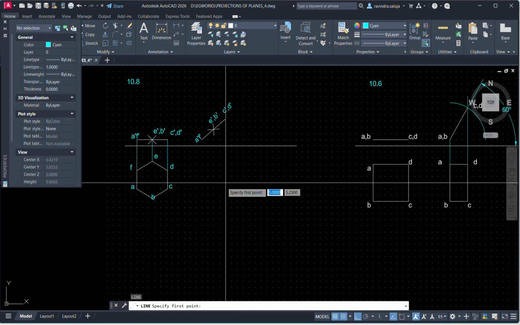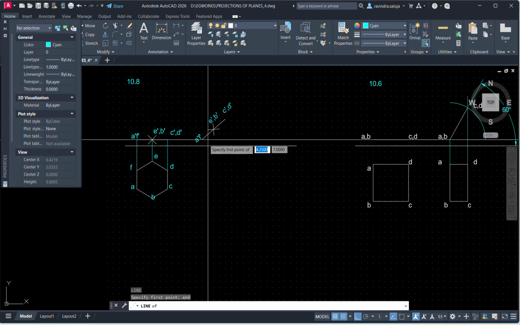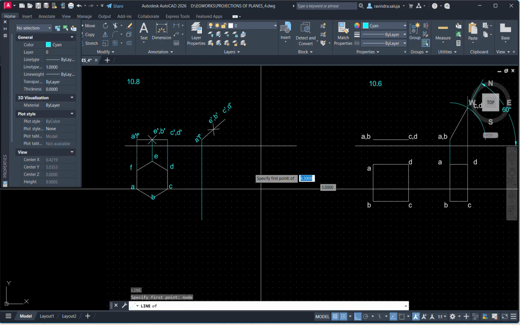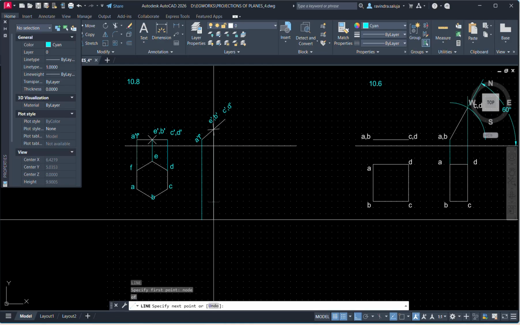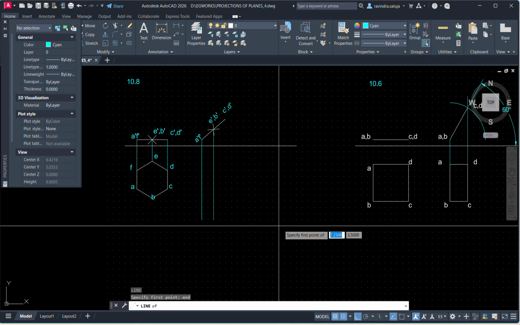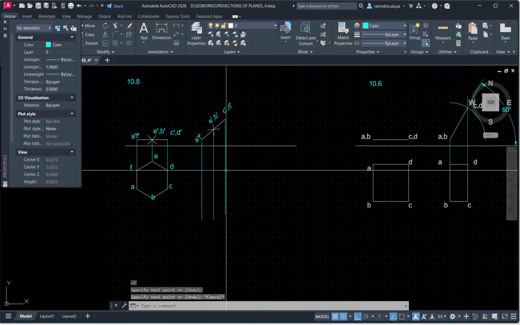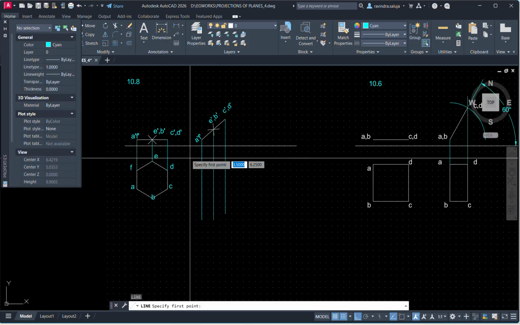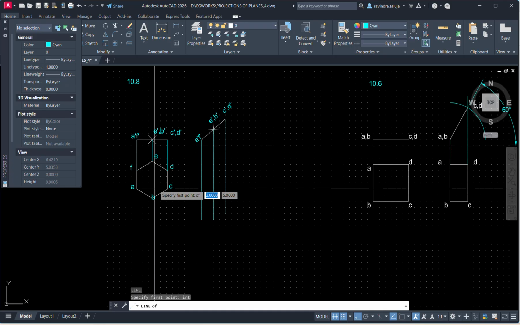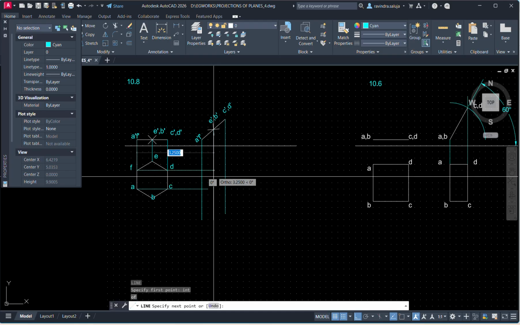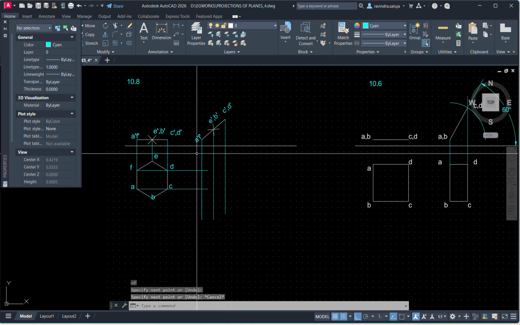Okay, so draw the lines. Okay, now you have to transfer these points from this side also. So A, then F to F. So AF is lying on this point, this line.